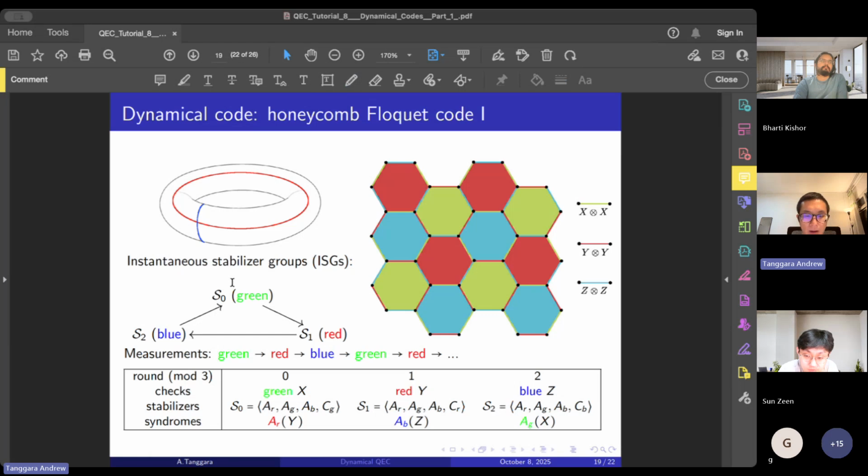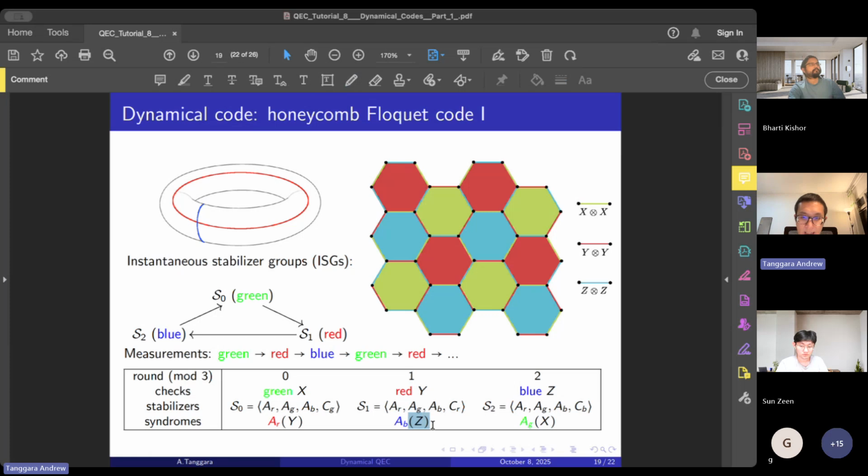So let's move on. We just do that for each round, and then we get these S0, S1, and S2 stabilizer groups. These stabilizer groups are called instantaneous stabilizer groups because you only see this stabilizer group right after the round 0 check measurements, and then you see S1 right after the round 1 check measurements.